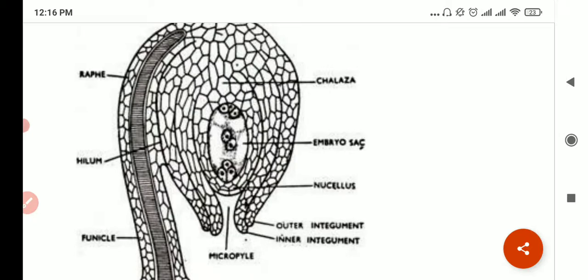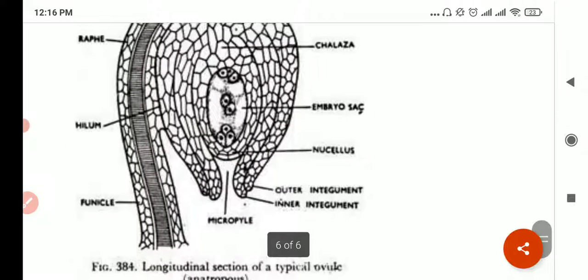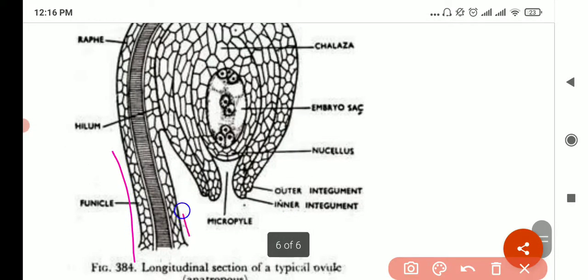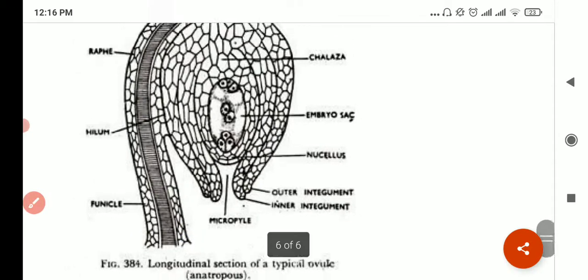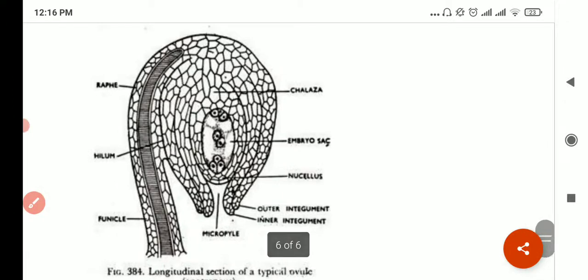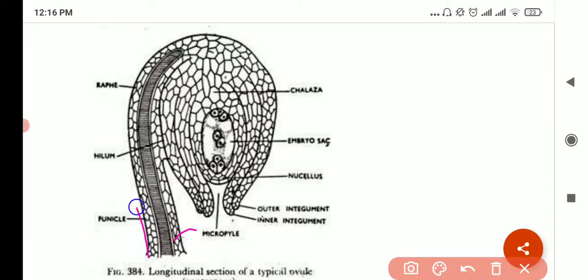So when you practice drawing, you will draw the funicle. You will start from down. This is the funicle. Then this is the hilum. So you are seeing it's attaching between the funicle and the hilum. Then as we go up, we go to the raphe. So we start with the funicle, then the hilum is where it attaches.